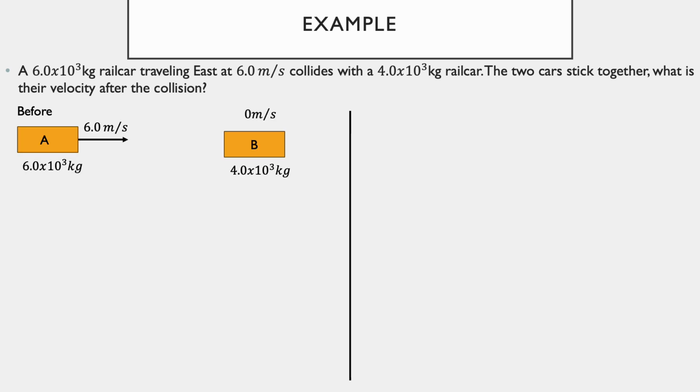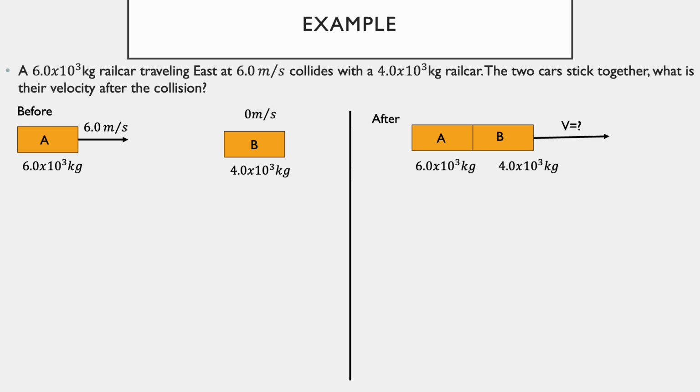So before, we have rail car A at 6,000 kilograms traveling at 6 meters per second to the east, while rail car B at 4,000 kilograms is stationary. Afterwards, the cars have linked together, so they're traveling together. So we'd have a combined mass that's the addition of those two masses, and they're traveling at an unknown velocity.